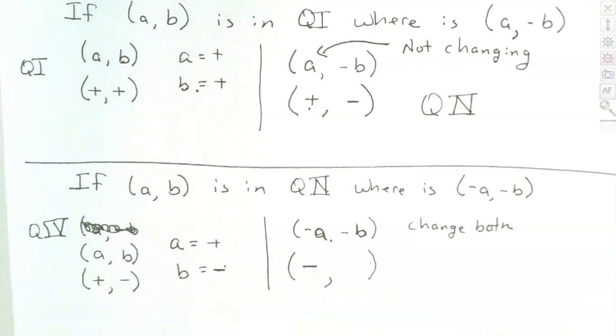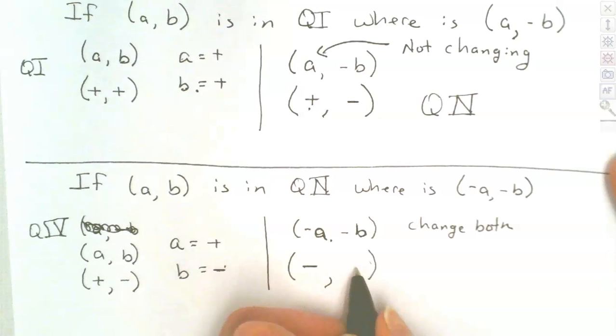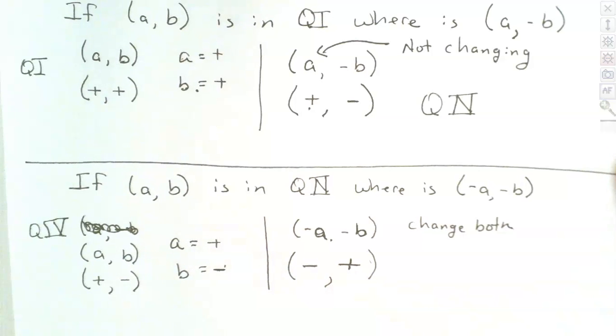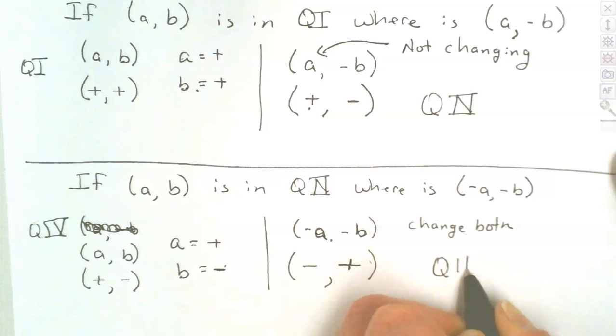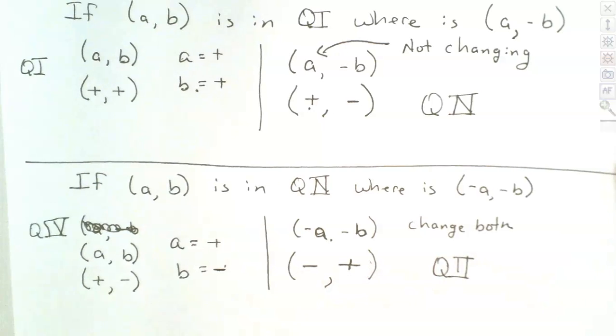B is negative, and if I change it, it becomes a what? Positive. Doesn't you change both signs? And where is it negative, comma positive? Well, that would be in quadrant what? Quadrant, if you go back and look, quadrant 2, wouldn't it?